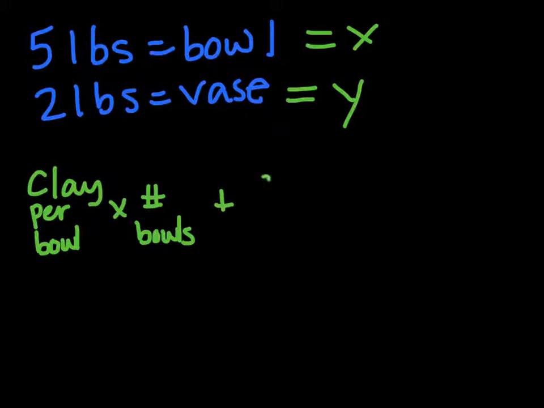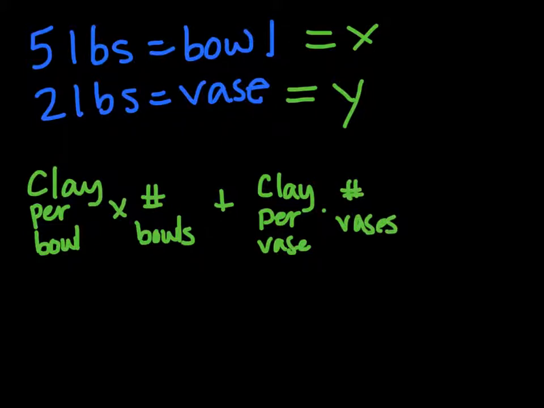Then we need to add that to the clay we need per vase, right? Multiplied by the number of vases. And this number will need to be less than or equal to our total amount of clay, or 100 pounds. Okay, we want to get as close to that 100 pounds as possible.